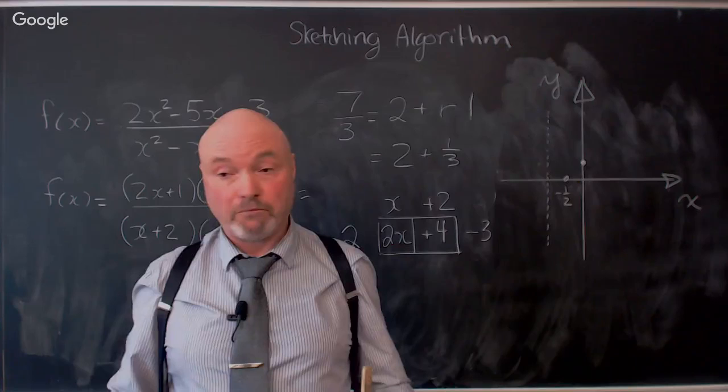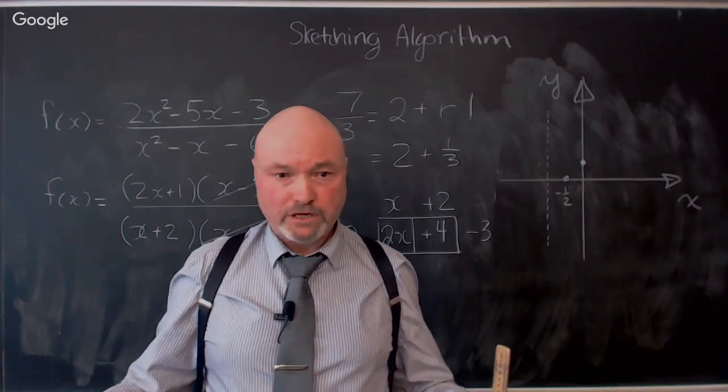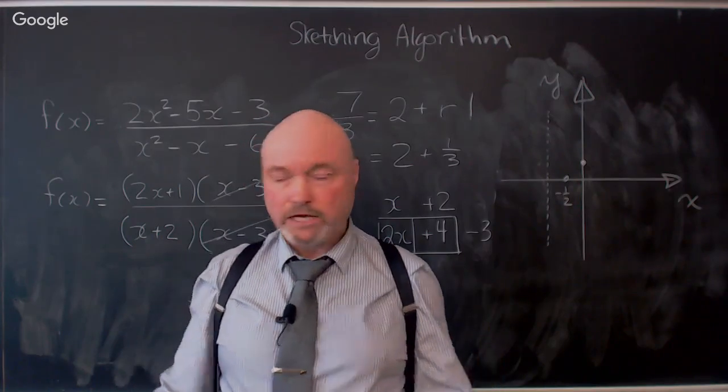Okay, so you can do that by polynomial long division or synthetic division if you can manage it by synthetic division. For right now, though, don't worry about it too much.